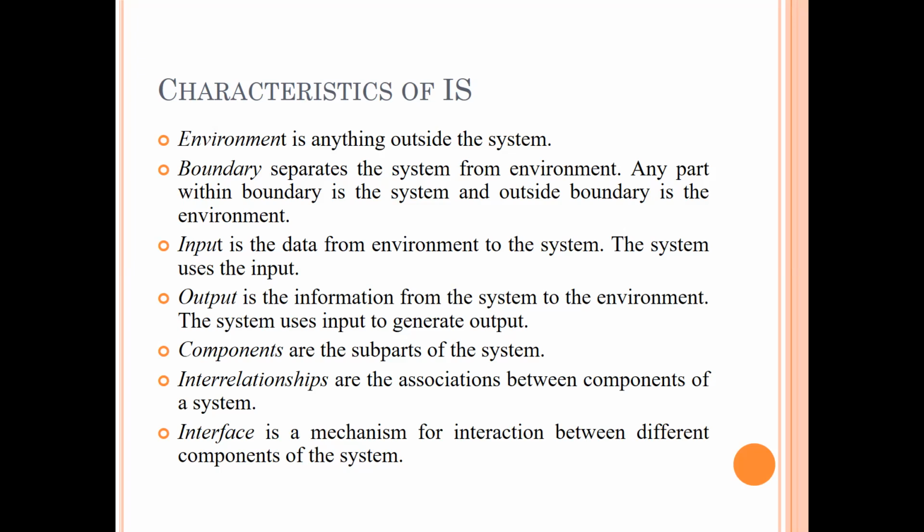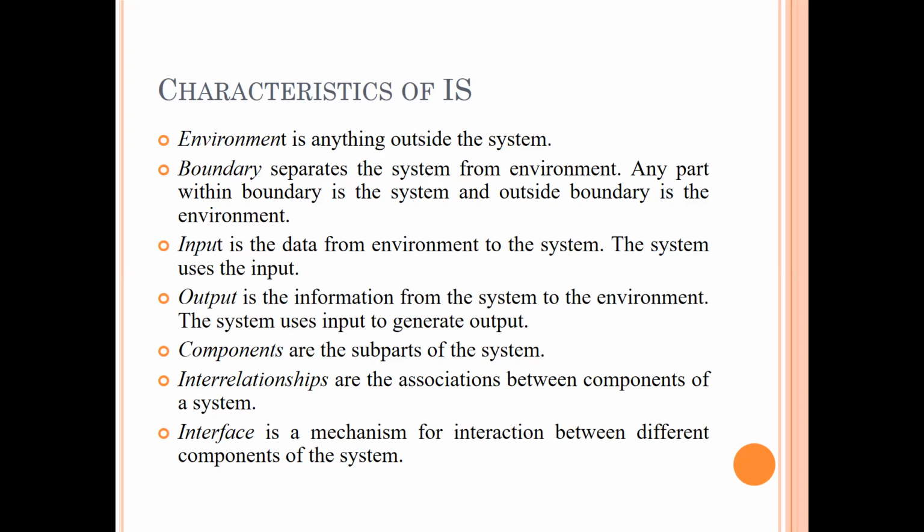Then we have input. Input is the data from the environment to the system. The system uses the input. Output is the information from the system to the environment. The system uses input to generate output. Components are the subparts of the system.